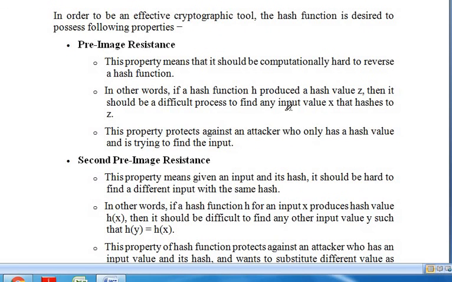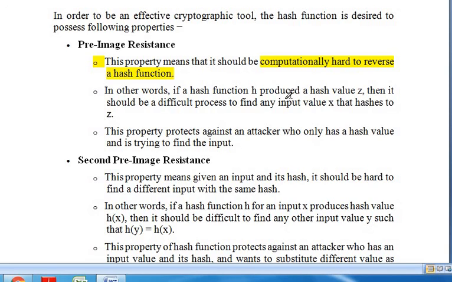Pre-image resistance means it is very hard to reverse. It is not mandatory that a fixed input will give a fixed output. The output may be the same while the input differs. For different inputs, we may get the same hash value.